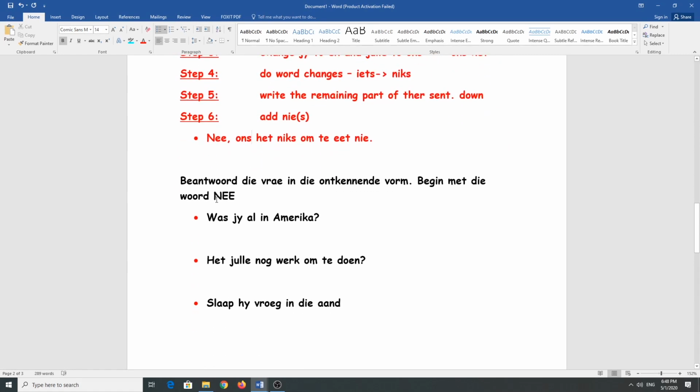So let's do a couple of examples here. Beantwoord, you see there is the clue word. Beantwoord die vraag in die ontkennende vorm begin met die woord nee. Was jy al in Amerika? So my step 1 is to put the word nee, comma. I swap was and jy around, so it becomes jy was.